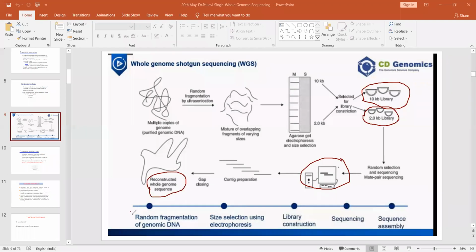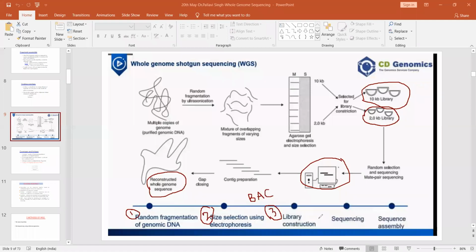So the first thing in whole genome sequencing is you have to make random fragments of genomic DNA using the endonuclease enzyme. Then you have to go for the size selection, as it is written here, using electrophoresis. Then you will generate a library in BAC, my bacterial artificial chromosome, and this library will be of different sizes.